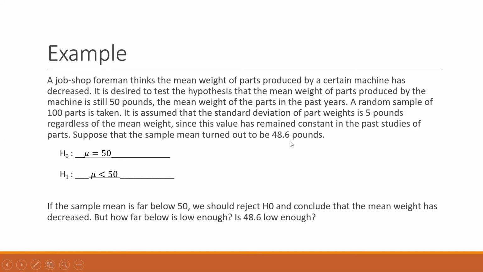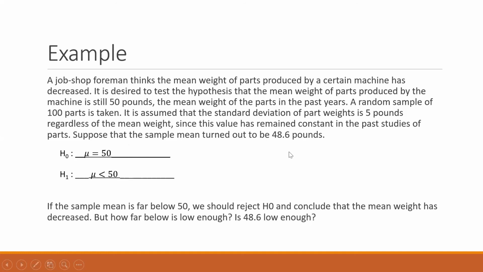So the p-value tells me how likely I will observe a sample mean as low as 48.6 if I assume the population average is still 50. Apparently this 48.6 is lower than 50, right? So I may suspect that the population mean has already decreased to be less than 50. All right.